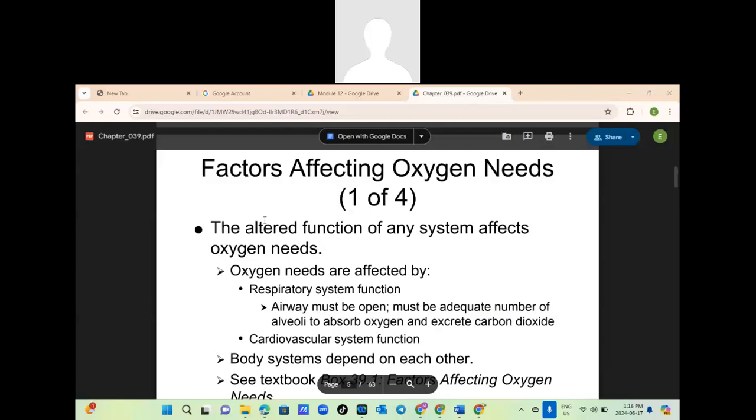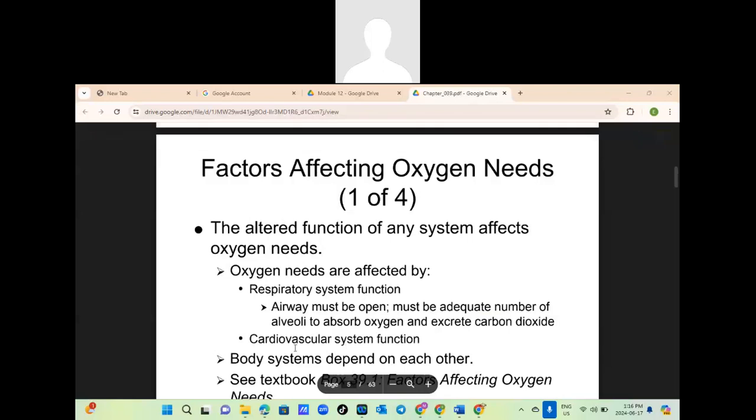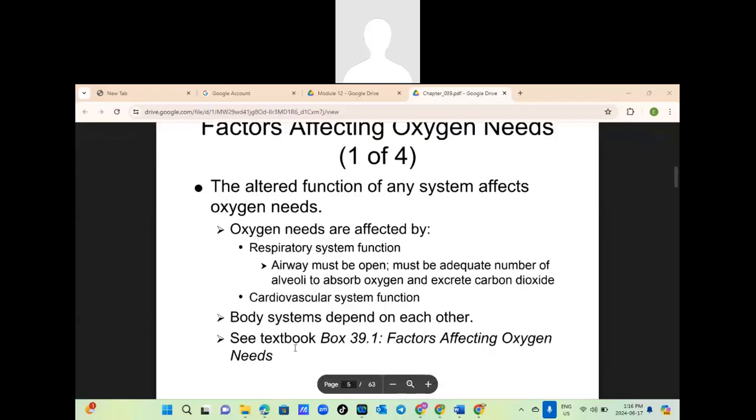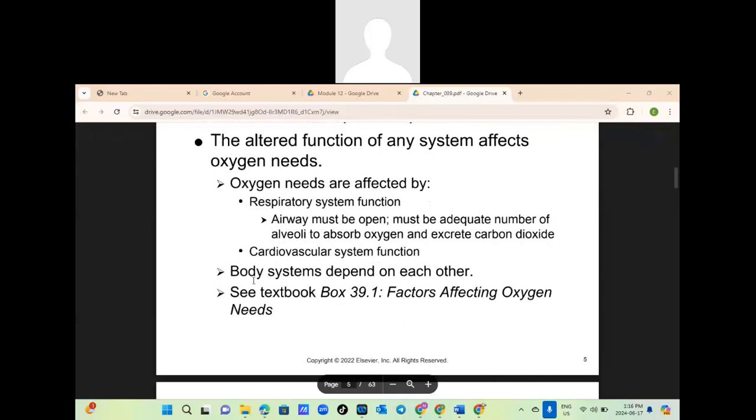Next is the cardiovascular system. It's your heart. If you can recall, the heart that has a problem with, let's say, CHF, the closing of the valves, there's a pooling of blood, so definitely it's not adequate. Blood is transferred to the lungs via the pulmonary artery.